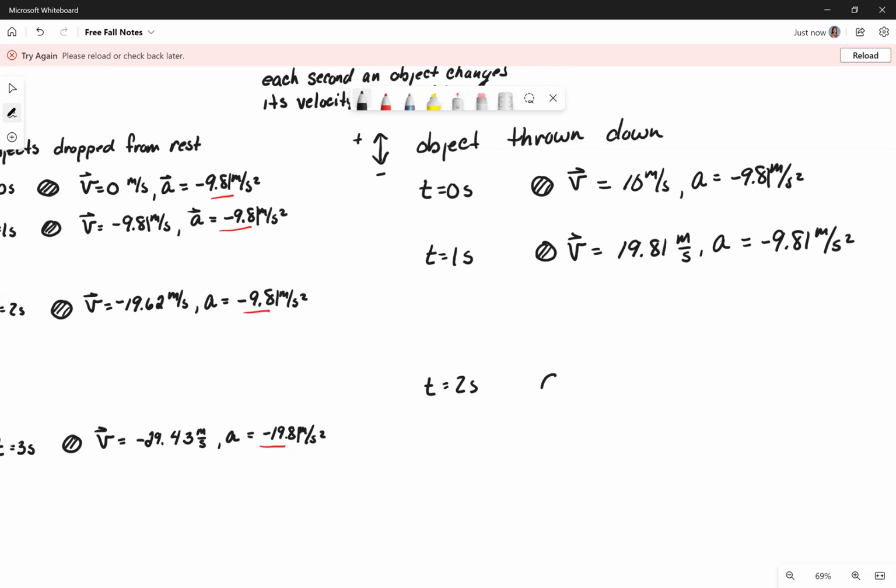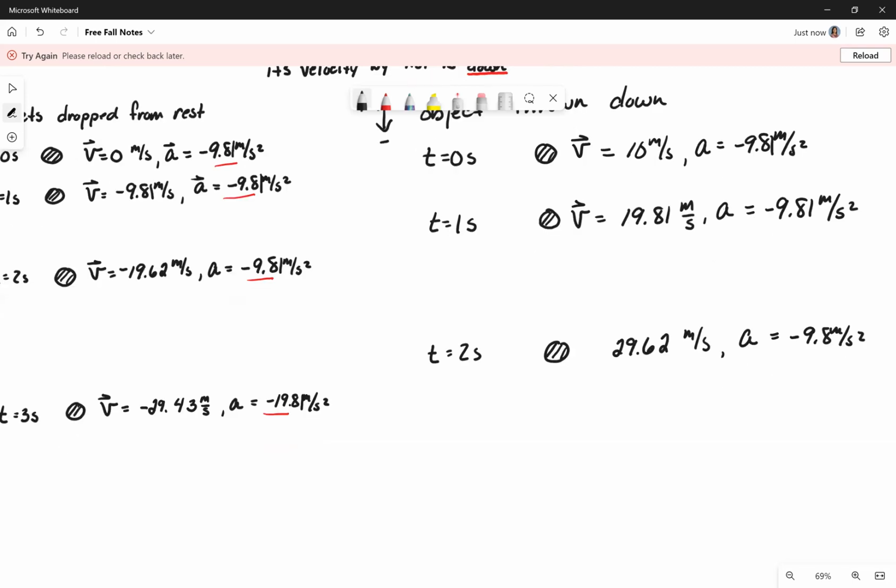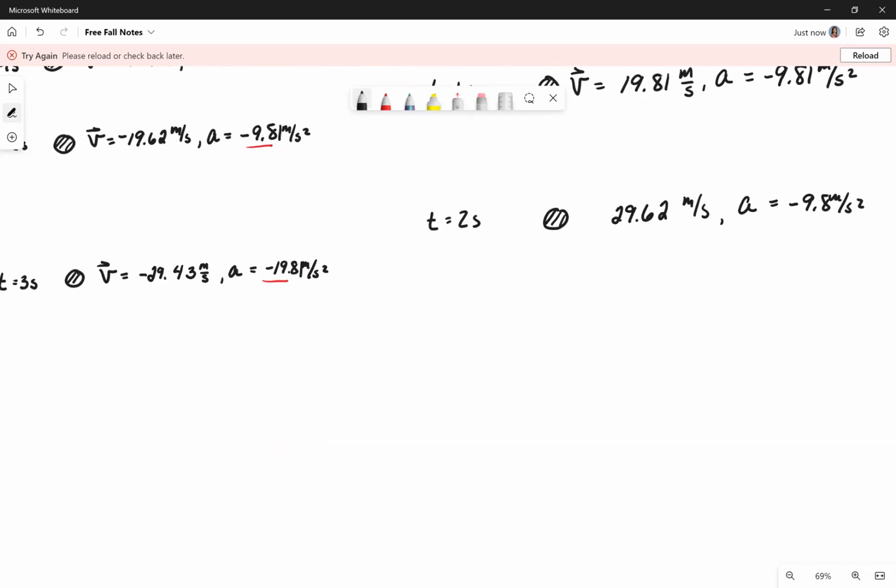2 seconds later, it's going to have traveled further because it's going much faster. Adding the 9.8 there, you're going to simply get 29.62 meters per second, with the acceleration equal to negative 9.8 meters per second squared. Of course, 3 seconds later, very fast, so maybe it's all the way here.